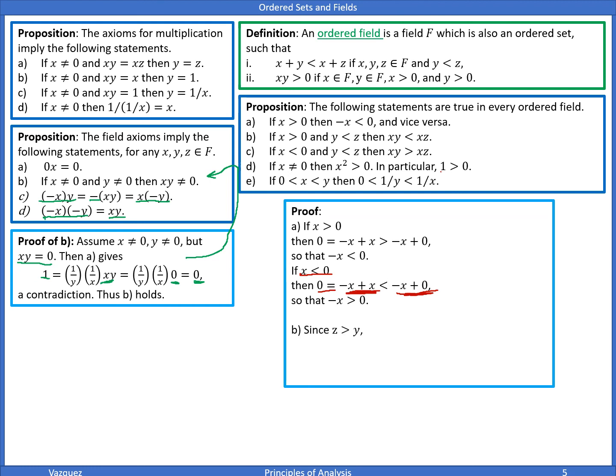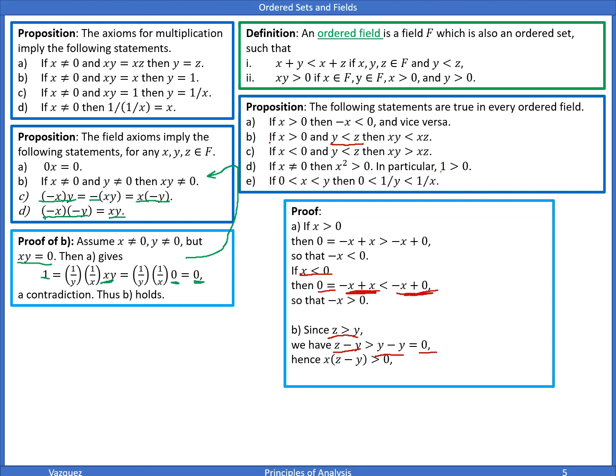And now proving b, we're assuming that z is greater than y, so that's why we have, since z is greater than y, we have that z minus y is greater than y minus y, which, I mean, y minus y is just 0. Therefore, multiplying x times this here, the positive number, is positive, right?